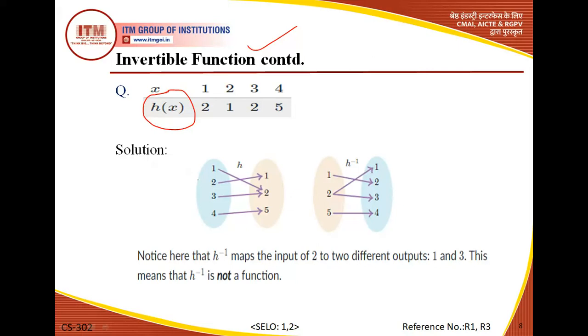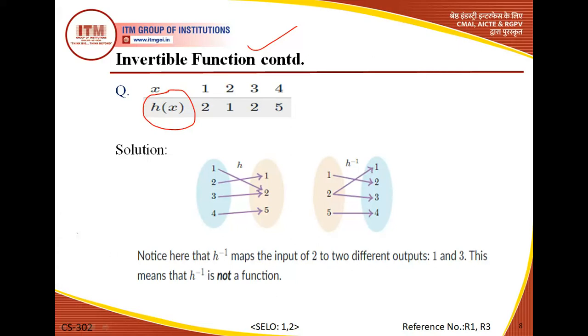We have two processes of doing that. The first is to see if it is one-one and onto or not. The second is to just try to find the inverse and see if that's feasible or not.